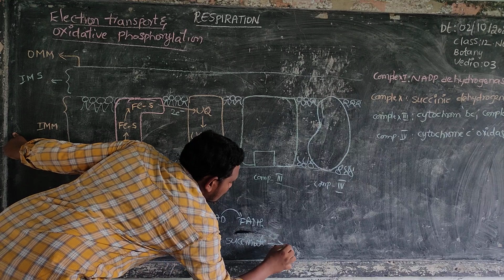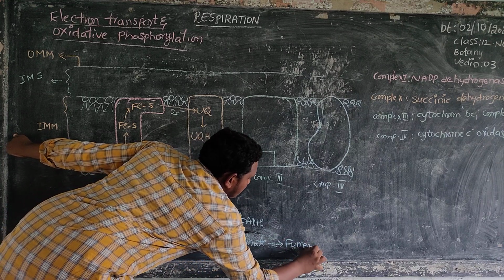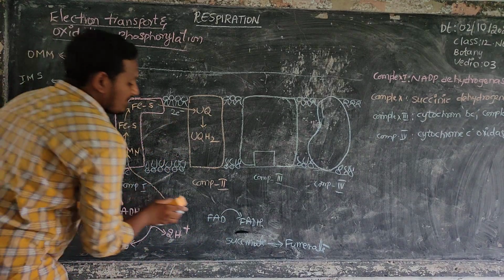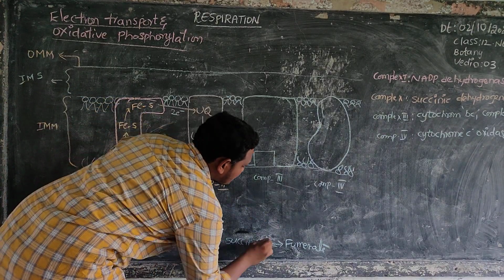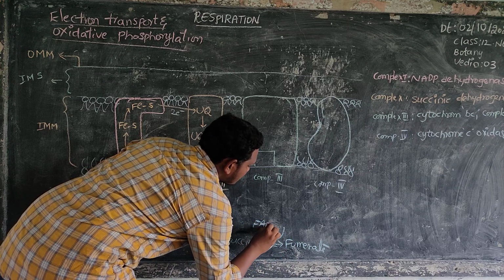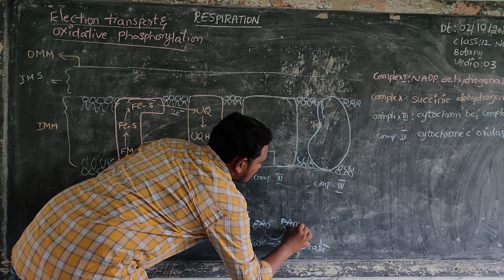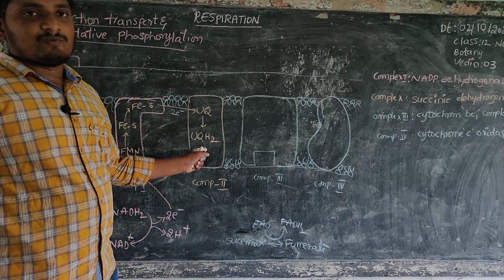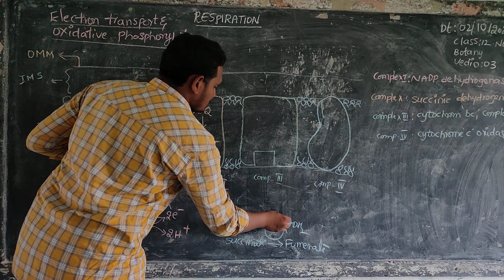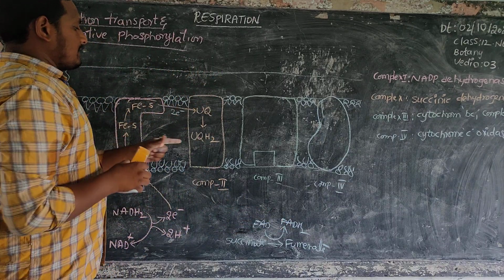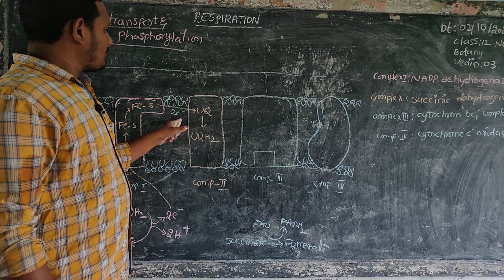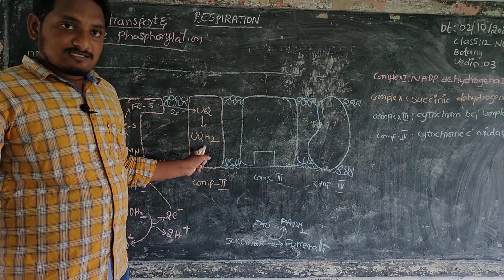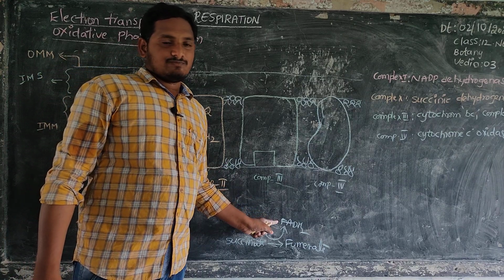Succinate changes into fumarate. In this process, FAD changes into FADH2. FADH2 also gives the same amount of electrons to this quinone H2. So quinone H2 takes up electrons from complex 1 and electrons from the FADH2.